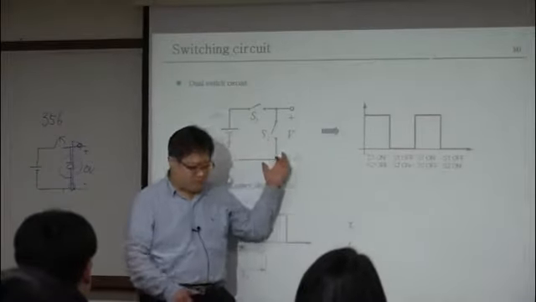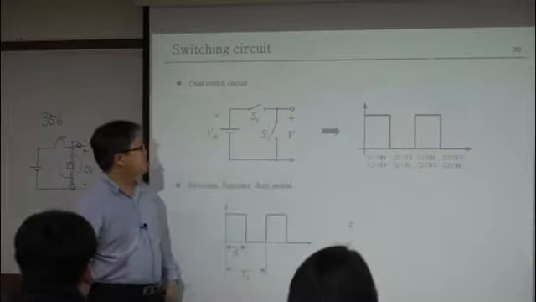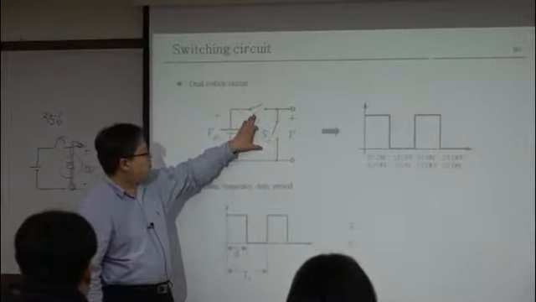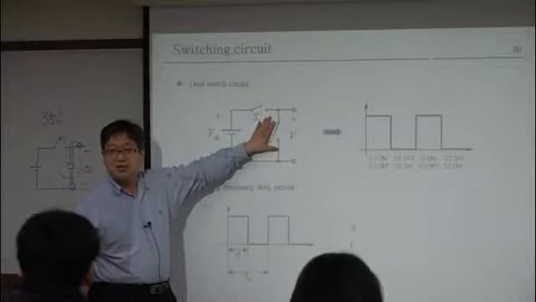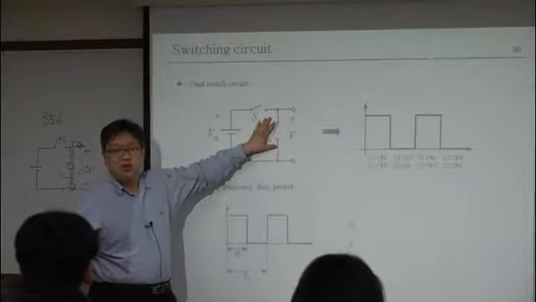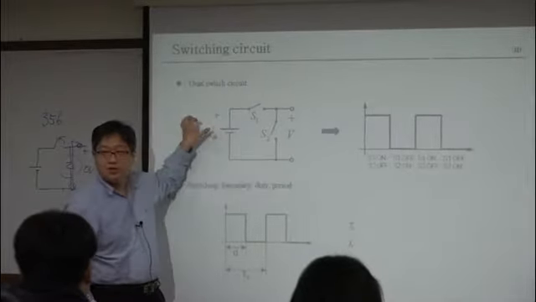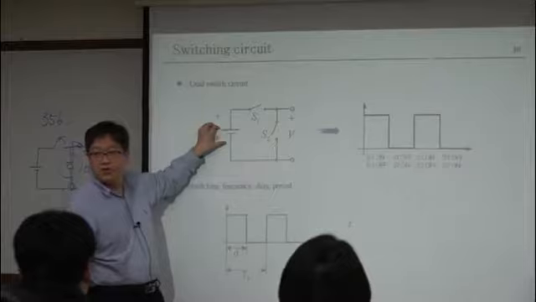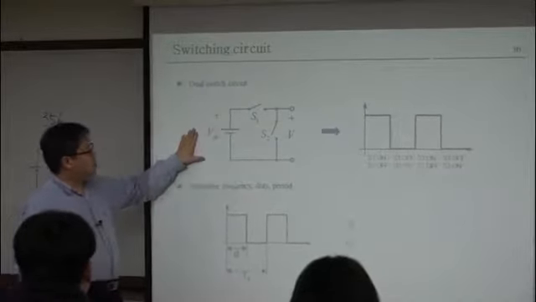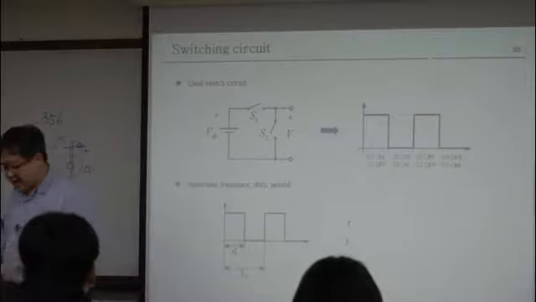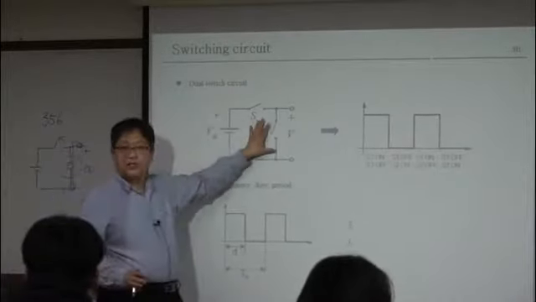So you can simply implement the dual switch circuit like this. And what about this condition, S1 and S2 both turned on? Can you make this state? You don't use this state because turning both on makes a short circuit and your voltage source would fail, right? So this is a simple dual switch circuit, but in fact, many kinds of bidirectional converters use this circuit topology.